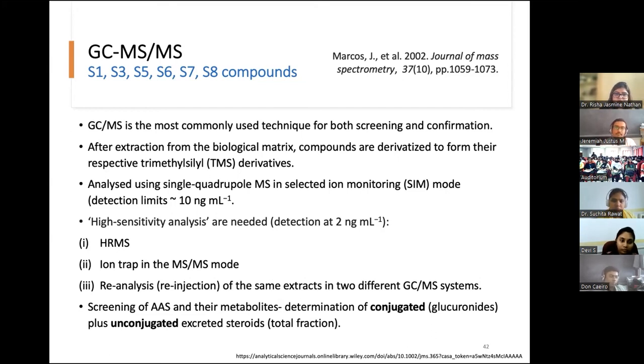So the methodology was different, but the sample was the same. The same sample was divided, and also for the other categories. Each screening team is going to inject those extracted samples in the instrument, and if they find something, a confirmation is going to be run for that particular drug.